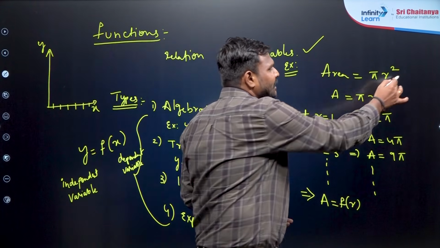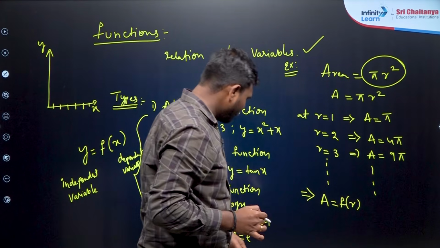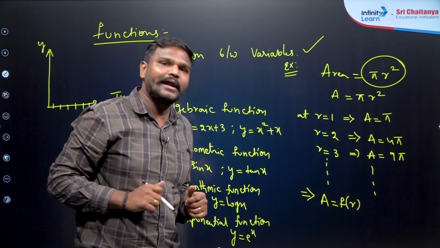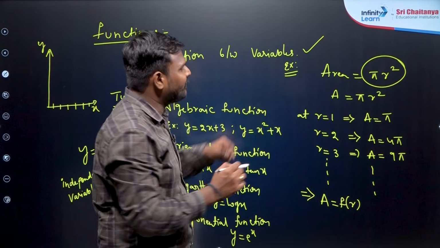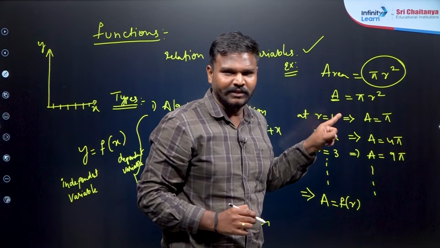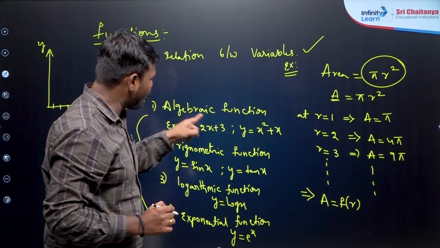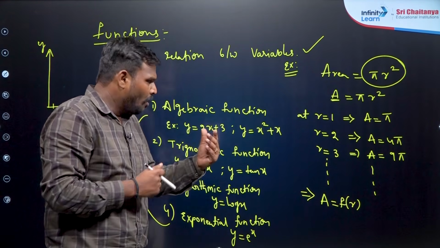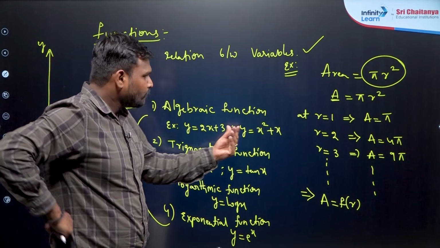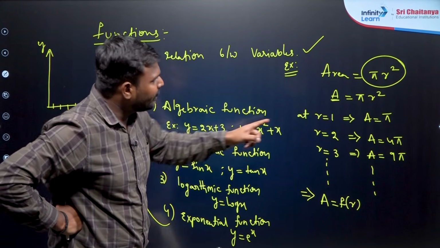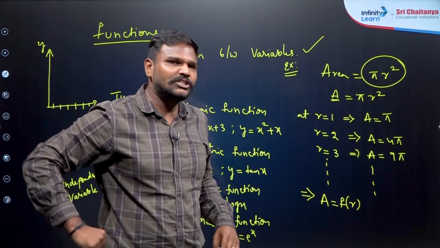The right hand side variable is an independent variable. But the left hand side variable, LHS, depends on the function, whether it is an algebraic function or trigonometric, or how the variable is changing; accordingly it will change.